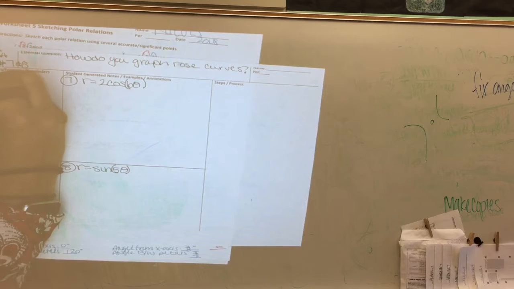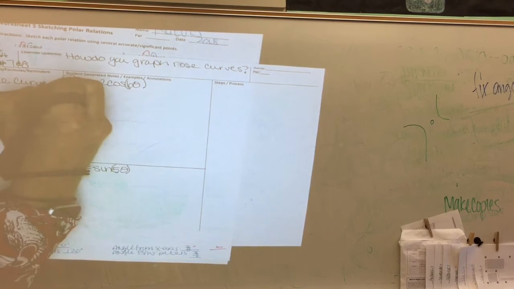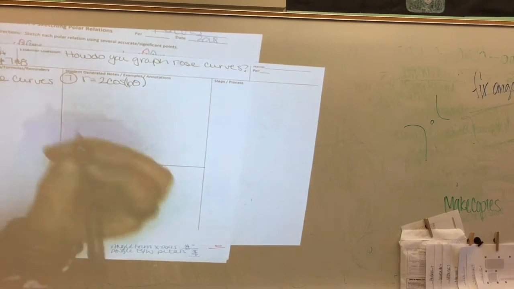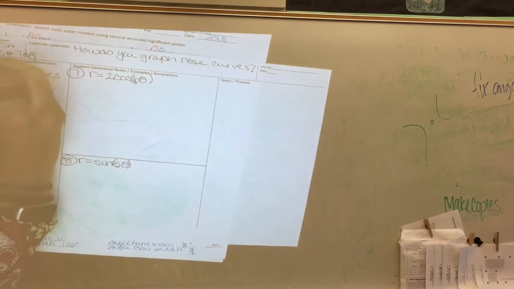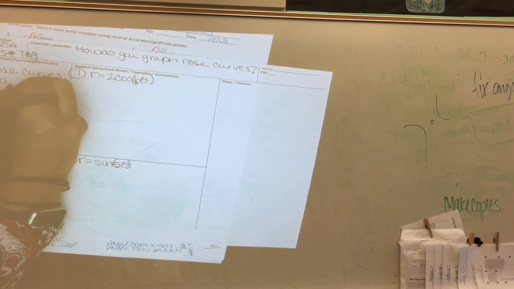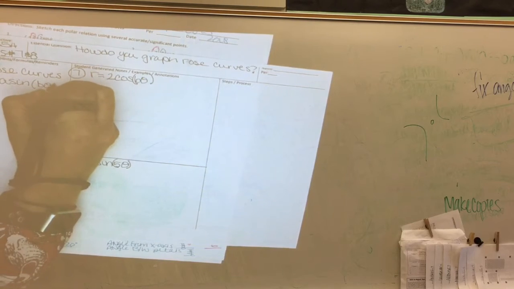Okay, so this is what rose curves look like. There are 2 types. There's the sine rose curve. There'll be a coefficient of A, sine, and then there'll be a coefficient called B on the theta.